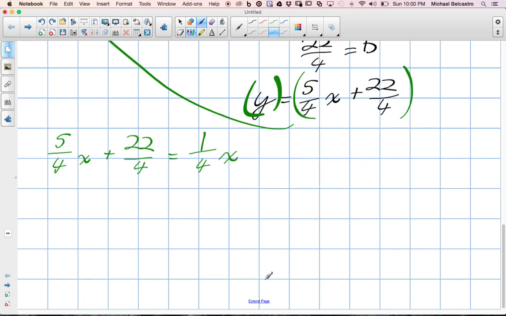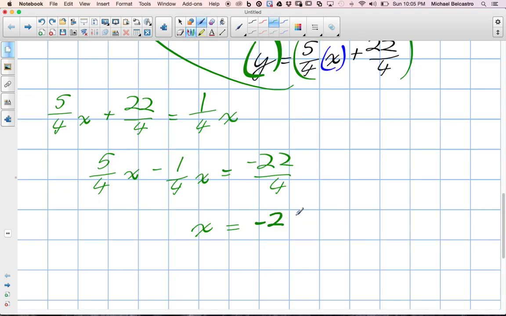Great. I'm going to move my x values to one side and my constants to the other, so we get 5 over 4x minus 1 over 4x is equal to, and this becomes negative 22 over 4 when it moves to the other side. When we subtract this comes to be just x, so it works out great. It's equal to negative 22 over 4.